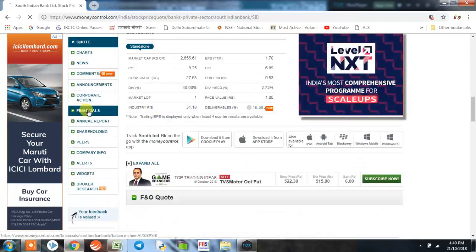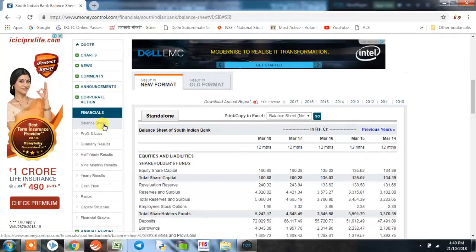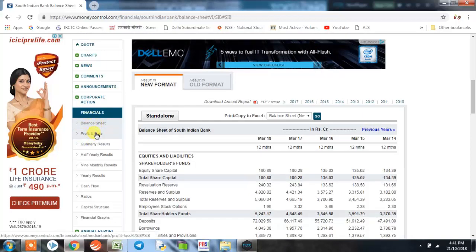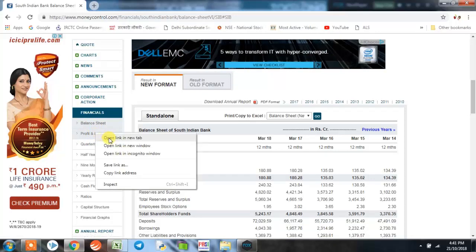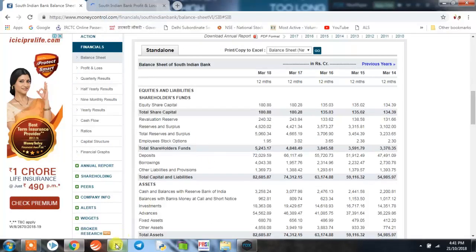We select the financial tab. Here we could see by default the website is showing us the balance sheet. We'll also be requiring the profit and loss statement. So we right click and we open link in new tab. Now we come to our program.